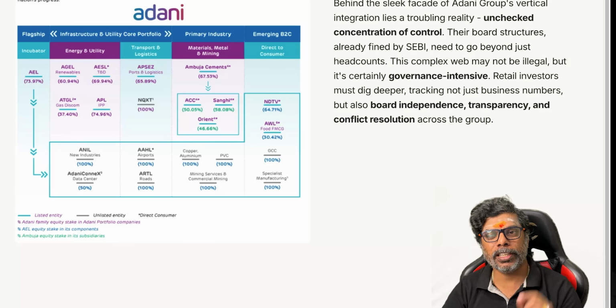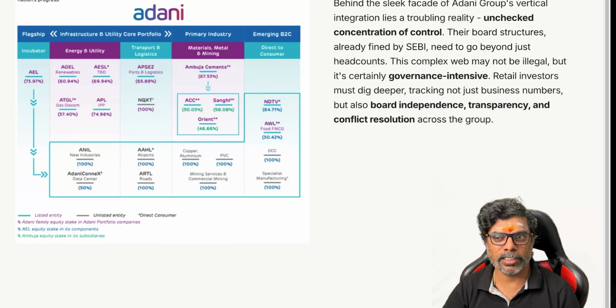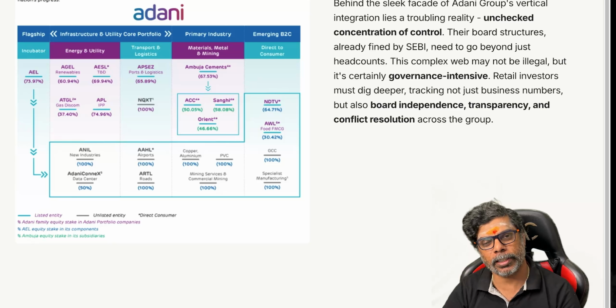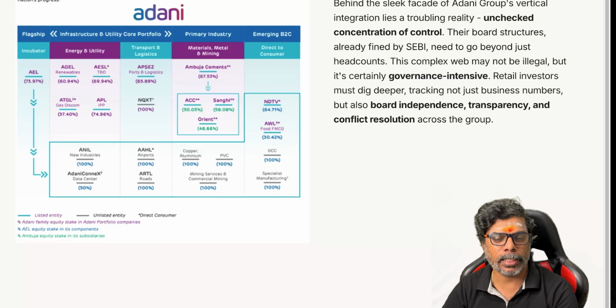So it is very complicated to find out their holdings. At the end of the day, you will find they hold everything and have control, so independent directors are not the ones taking decisions. That is where Adani's issues are.